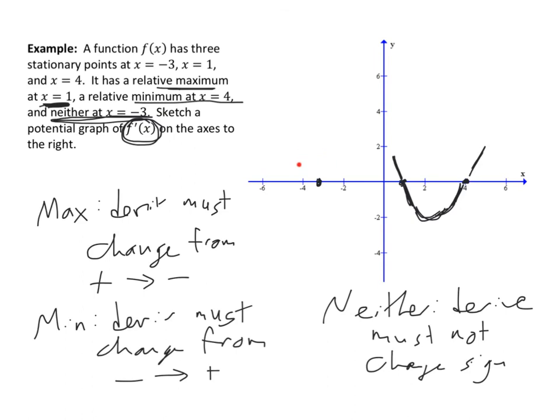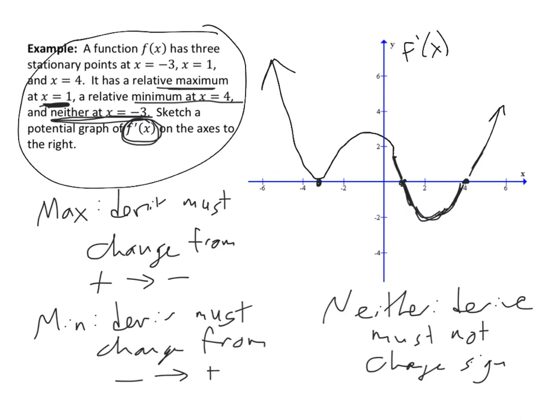It only makes sense for positive to positive, and the reason is there's no way for this thing to get back down to, like I can't go down and back up, because I'd have to have another stationary point. So this thing is going to have to come over here, bounce off this axis, and then go back up. So this is my estimate, this is my sense of what this f prime of x function would have to look like in order for all of these statements to be met.